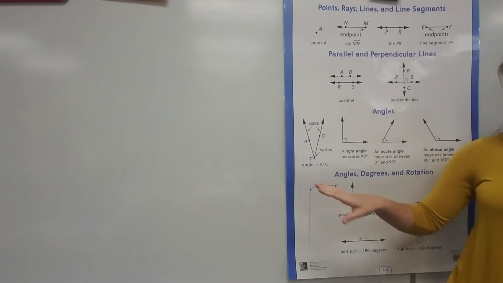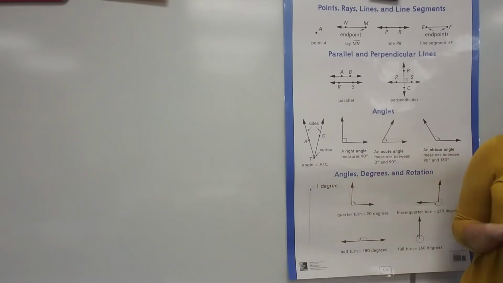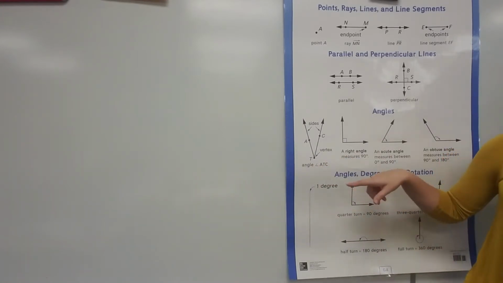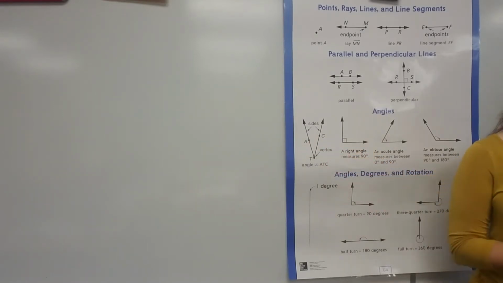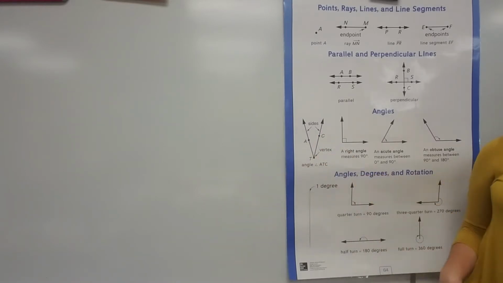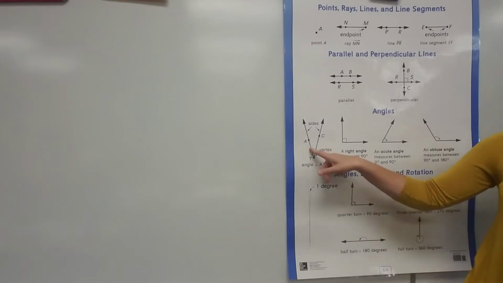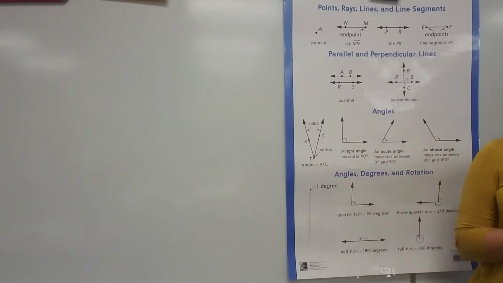So it's called angle ATC. That tells me that one side has A, and my vertex is always in the middle. If I had ABC, then B would be in the middle. If I had DEF, E would be in the middle. Whatever my vertex is has to be in the middle.